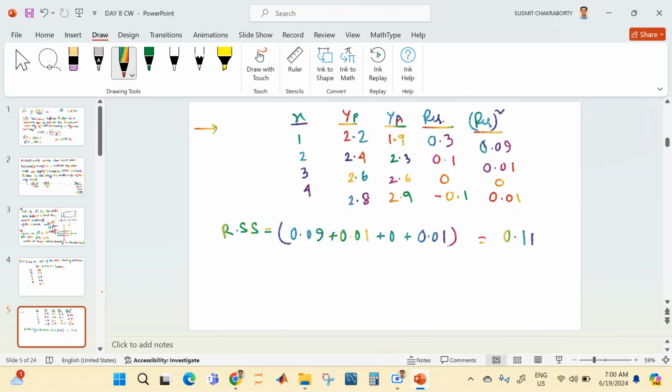Now you have to find the TSS. To find the TSS, you first have to find the actual average.